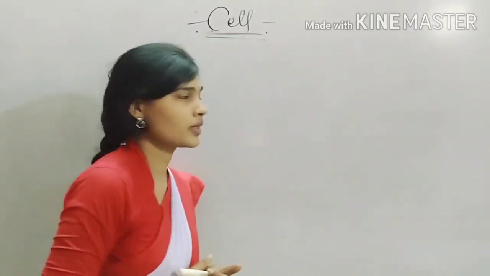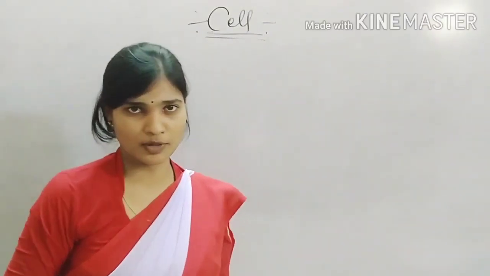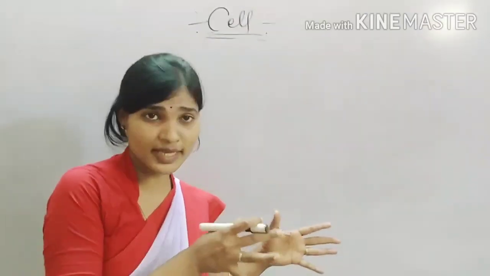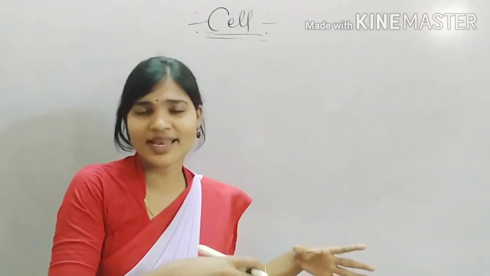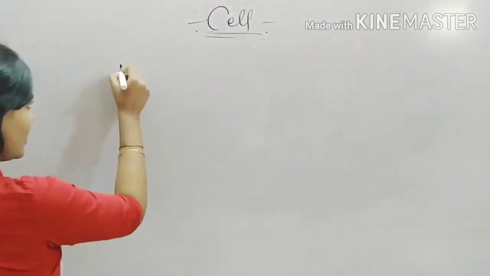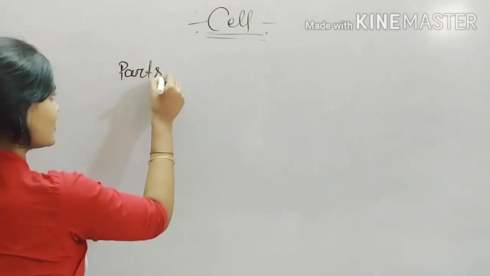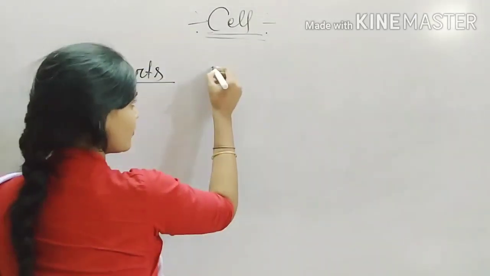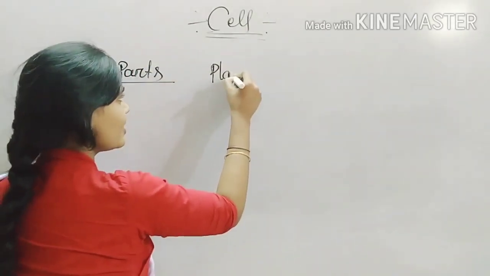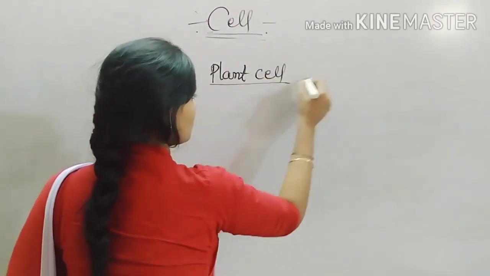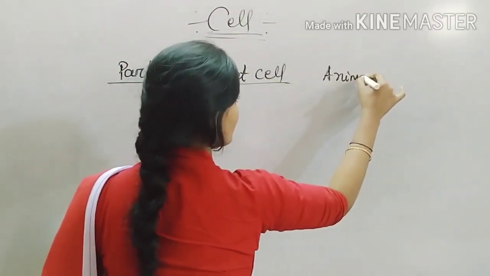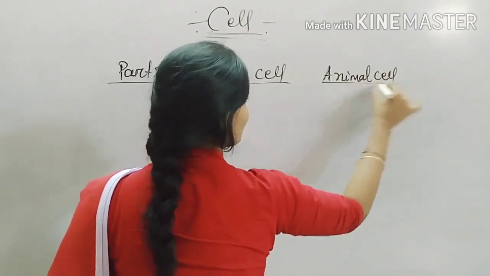Okay. Now there is some difference between the plant cell and animal cell parts. Now we can compare the cell parts between the animal cell and plant cell. So here are the parts. You have to say whether this is present in plant cell or animal cell or in both. Okay.